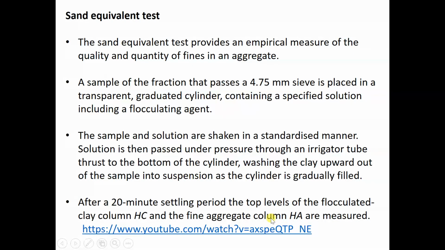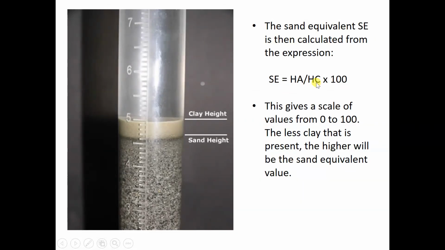We don't want this one, the clay. If the clay amount is a lot, then this thing will be quite small. So if this one, HC, is small, then we have a big value. The less clay that is present, the higher will be the sand equivalent value. That means for clean aggregates, we have a bigger value.